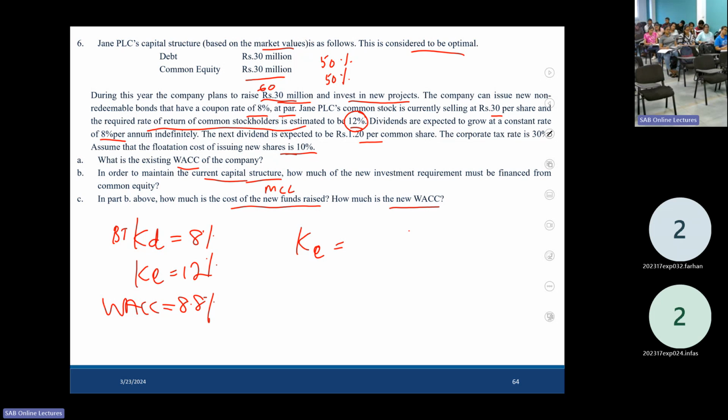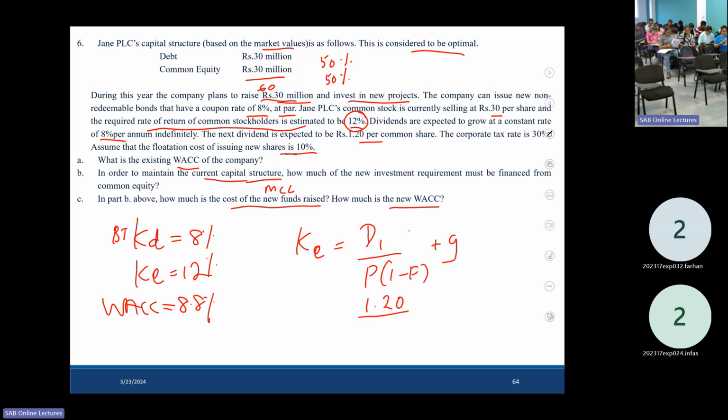Dividend growth model. So according to the dividend growth model, cost of equity is equal to D1 divided by the flotation cost adjusted price plus growth rate. Next dividend is expected to be 1.20. Next dividend is D1. Next dividend expected to be 1.20, so you can take here 1.2.